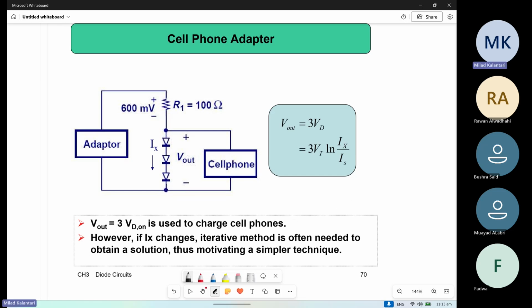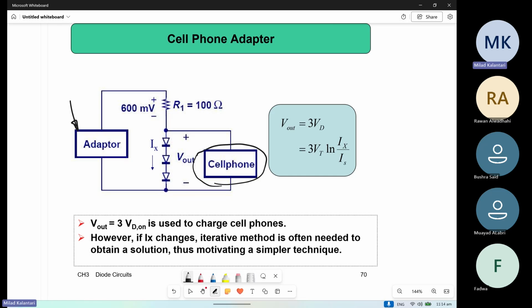Let's say you have an adapter, which is just rectifying the AC signal of the power line. But at the end, what you need is to deliver something like 3 volts to your mobile phone to charge.